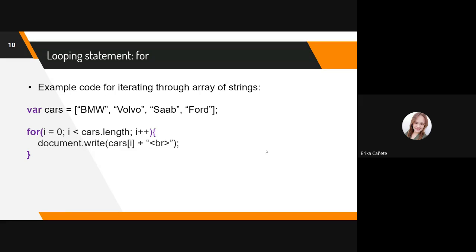Then we have the function document.write, and then the variable cars, followed by i, and then a line break. Once we run it, it will display the values of the cars depending upon the length of the cars array.